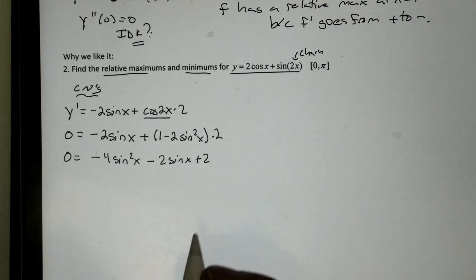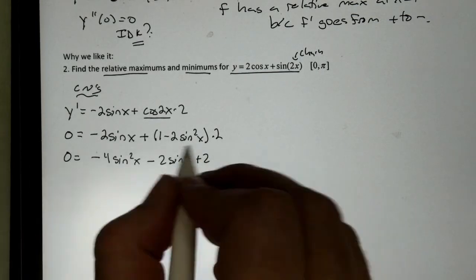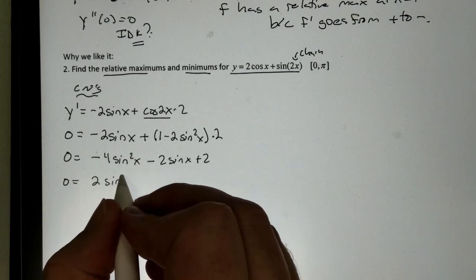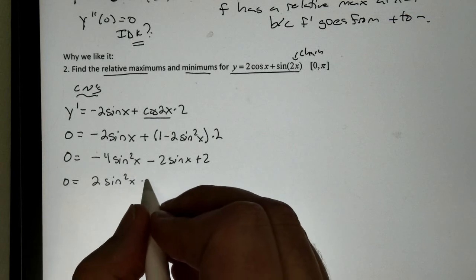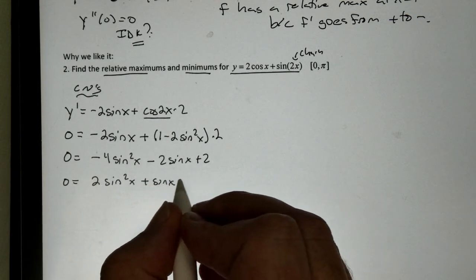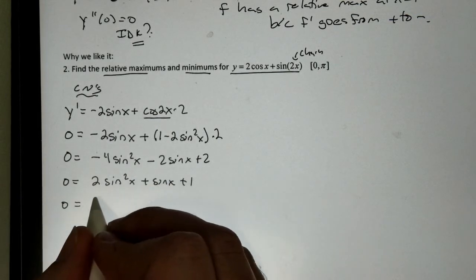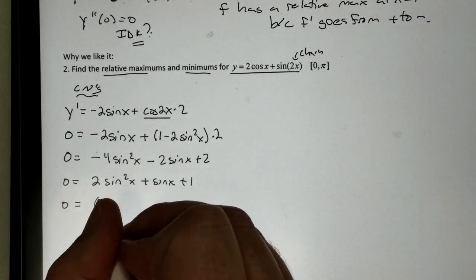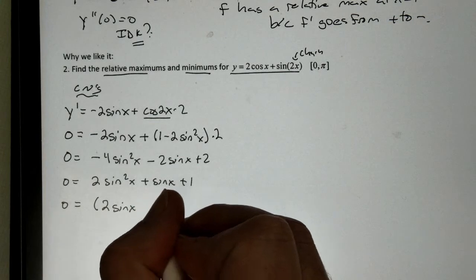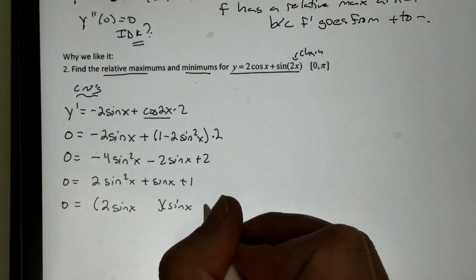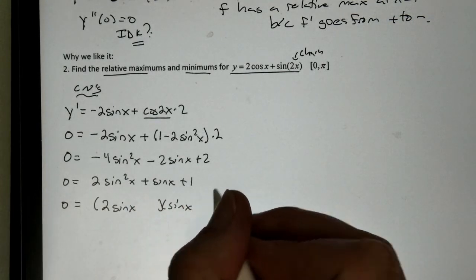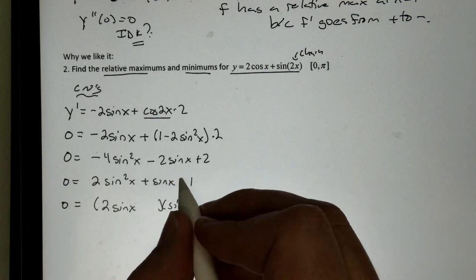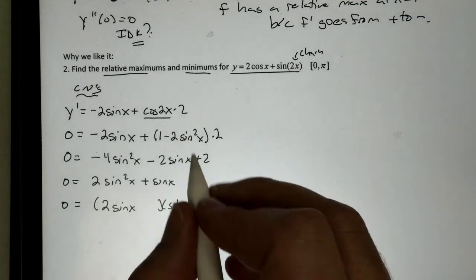I can divide everything by negative 2, which might help me a little bit. We're going to get 2 sine squared of x plus sine of x plus 1. And this I can factor. We're going to get 2 sine of x, sine of x, and let's see here. Sorry. This should be a minus 1, because I'm dividing by negative 2, right?